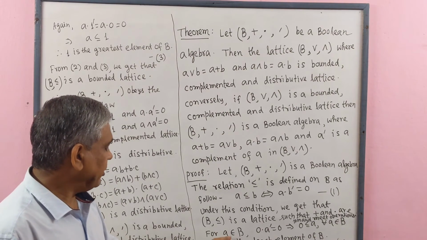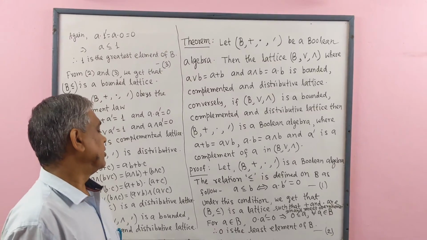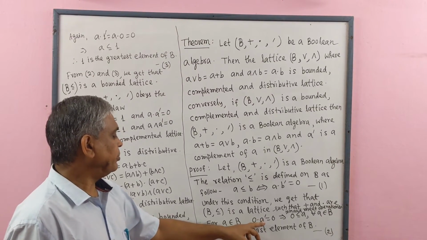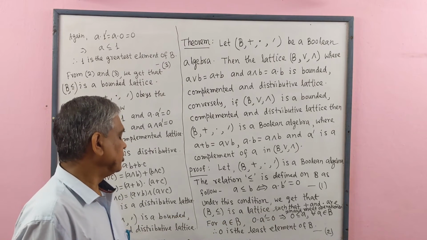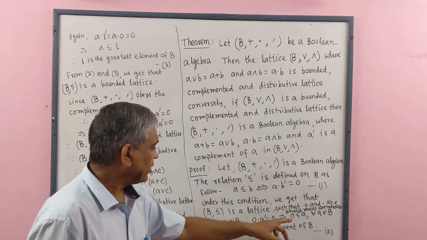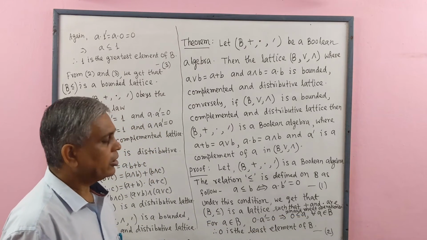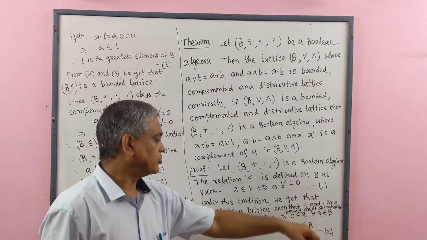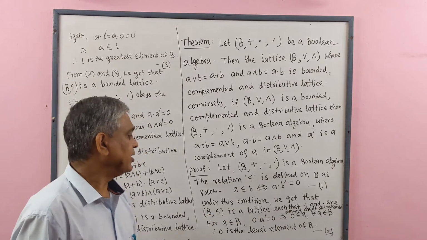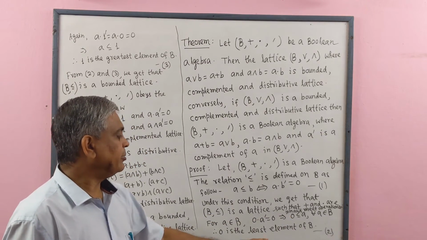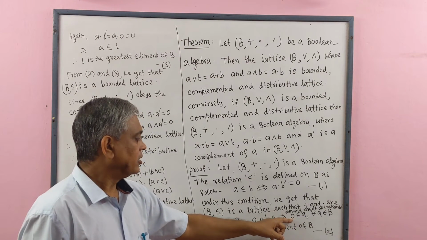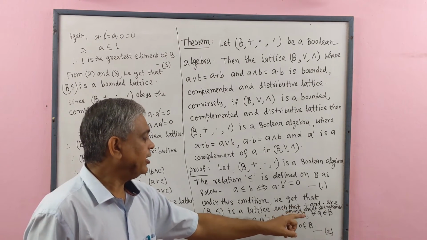For small a belongs to B, we get 0 dot complement of A equal to 0, which means 0 is related to A for all small a belongs to B. Hence 0 is the least element of B. Since 0 is less than or equal to any A.